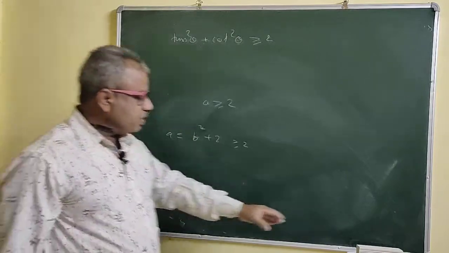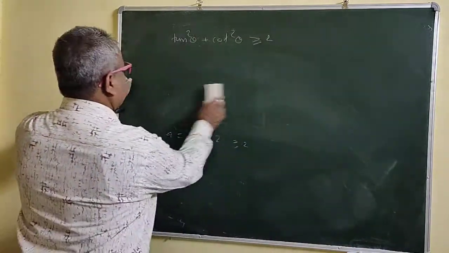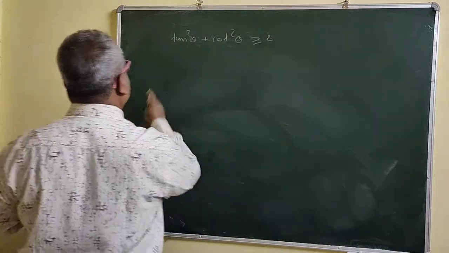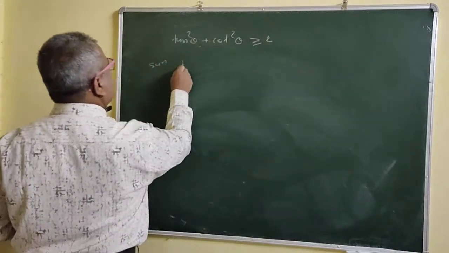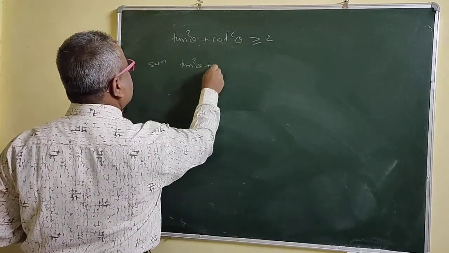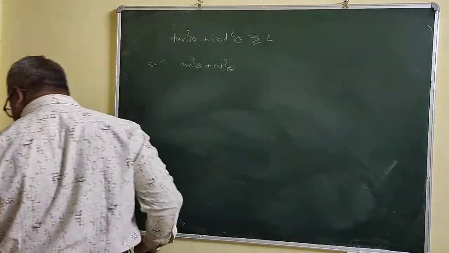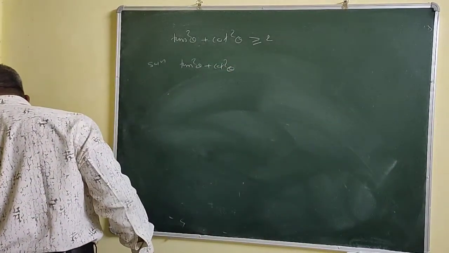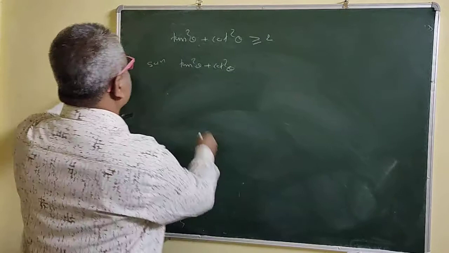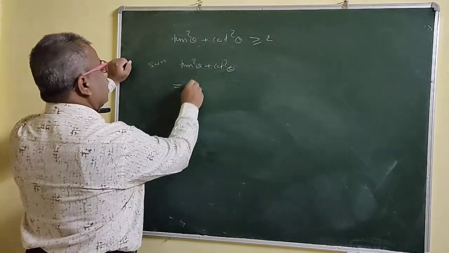So we'll take this one. Take the solution. Tan square theta plus cot square theta is equal to, okay, we convert this in terms of tan now.